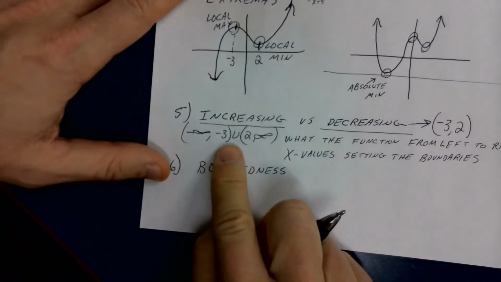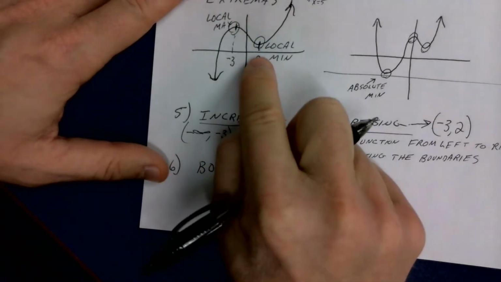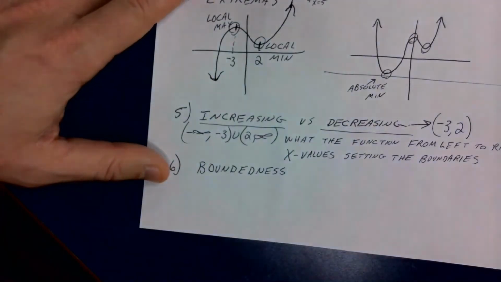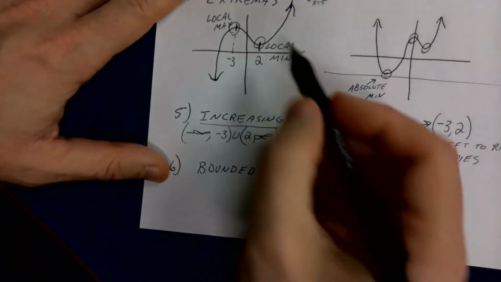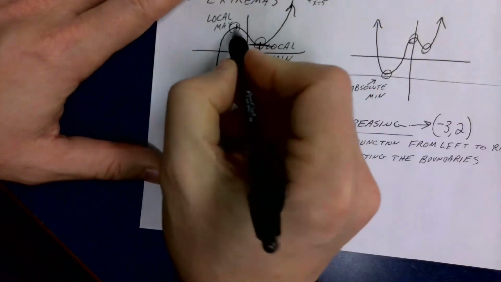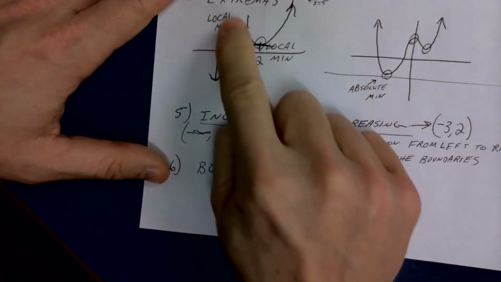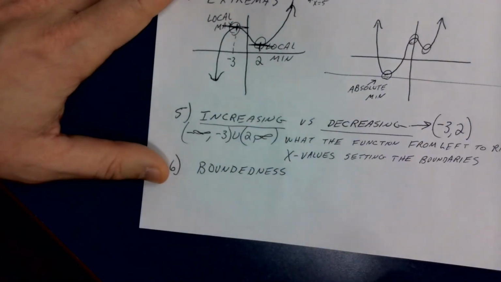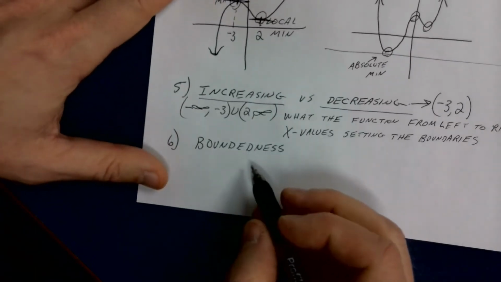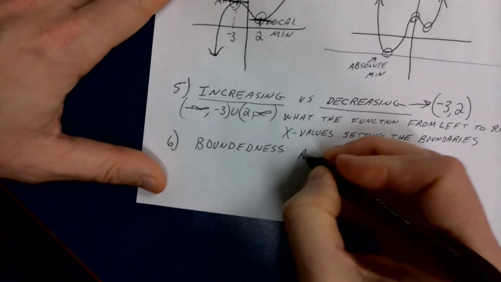Okay? However, at 2 and at -3, it is not. And in fact, if we took the tangent lines at this point, you would see that the slopes of the two tangent lines would be 0 at those two points. There's nothing going on.